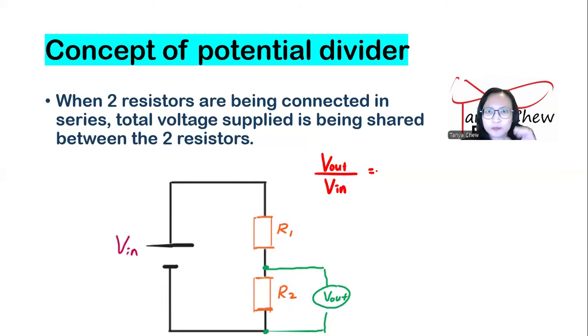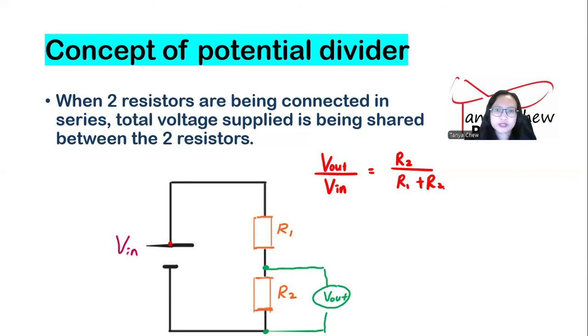Look at where the voltmeter is connected. In this case, the voltmeter is connected to R2. Well, just put R2 here. V input is the voltage being supplied to the whole circuit. That is why it is related to the total resistance of the whole circuit, which is R1 plus R2.